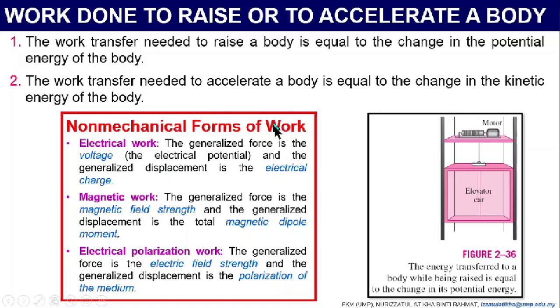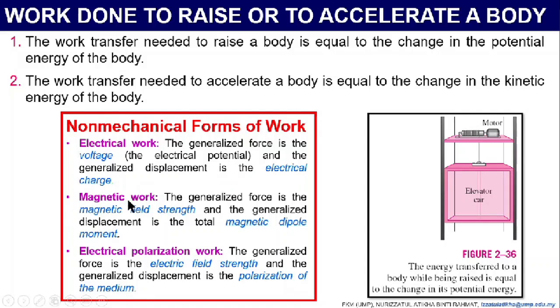So we can summarize that non-mechanical forms of work are divided into electrical work, magnetic work, and electrical polarization work. What is electrical work? For electrical work, the generalized force is the voltage, and the generalized displacement is the electrical charge.